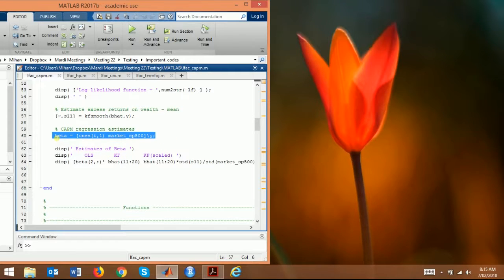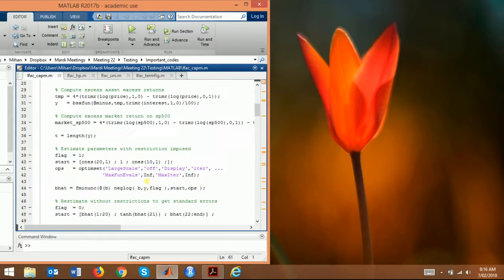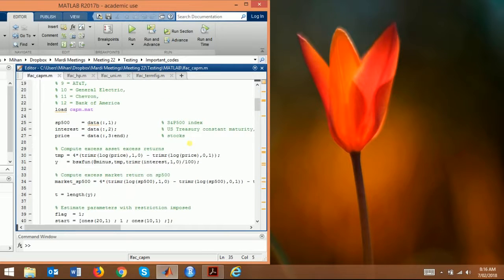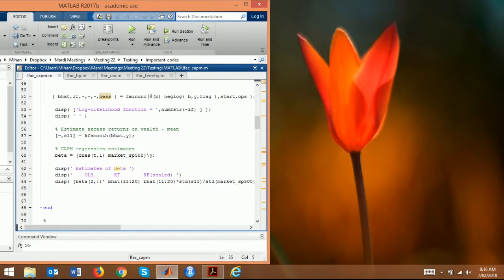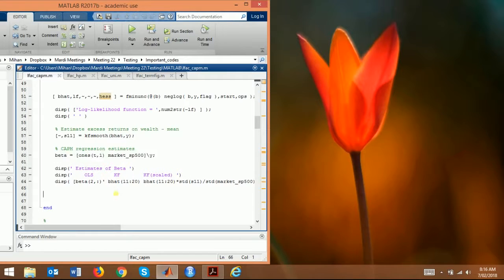In the CAPM regression estimate, we estimate beta using market SP500, regressing Y on a constant and market SP500. Market SP, compute excess market return. This is the excess market return that we are estimating beta with. So we have OLS, excess market return, we have OLS, we have Kalman filter, and we have Kalman filter scaled.